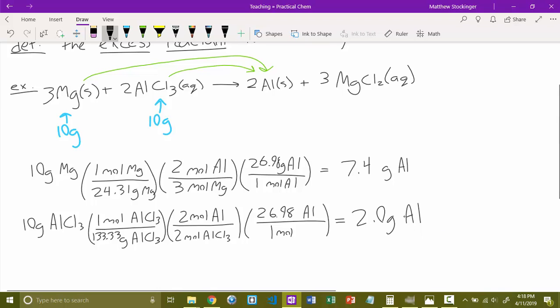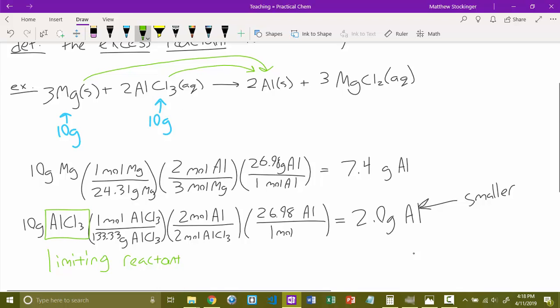Okay, and then the final step is which of these two numbers is smaller? The bottom one is smaller. Okay, and that means that right here, aluminum chloride is the limiting reactant. Why do I choose the smaller one, you ask? Well, basically what I just did is I asked 2 questions. I said, if this reaction uses up all 10 grams of magnesium, then how much aluminum will I get? And then I asked, well, if this reaction uses up all 10 grams of aluminum chloride, then how much aluminum will I get?